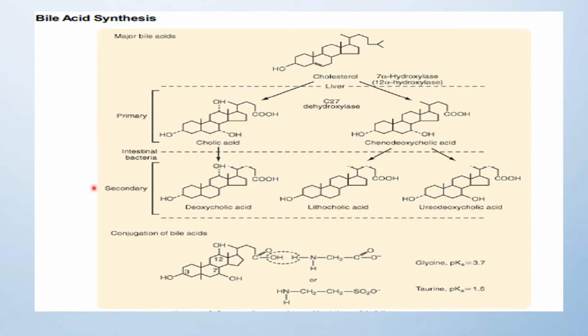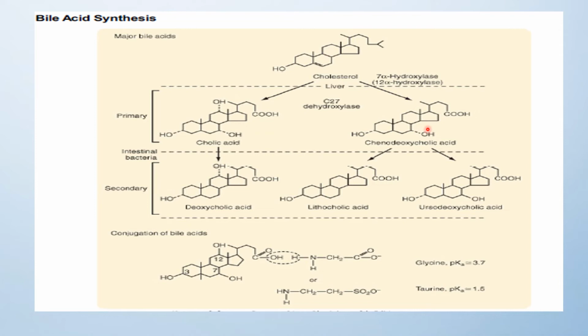So cholesterol, when taken up by the hepatocyte, will be acted upon by a rate-limiting enzyme, the 7-alpha hydroxylase enzyme, by addition of a hydroxyl group to the 7th position of the steroid nucleus, that will convert cholesterol to chenodeoxycholic acid, which is a dihydroxy bile acid.